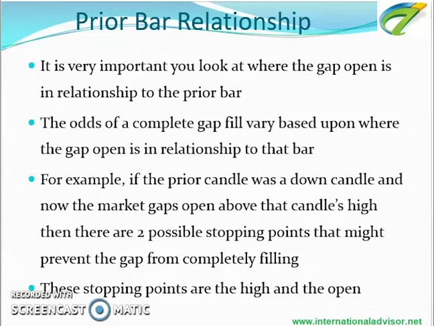For example, if the prior candle was a down candle and now the market gaps above that candle's high, then there are two possible stopping points that might prevent the gap from completely filling. These stopping points are the high and the open, obviously.